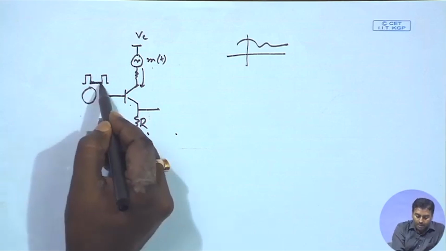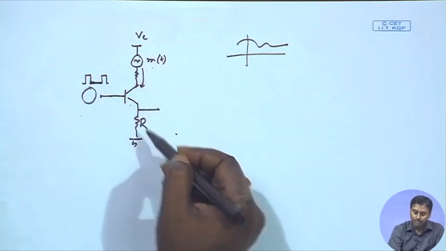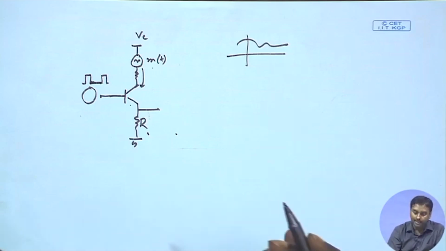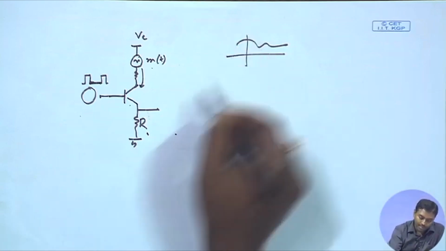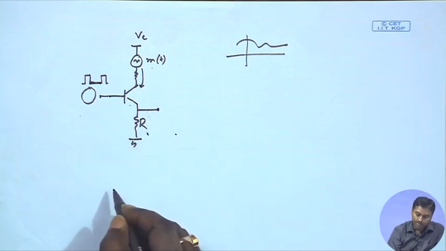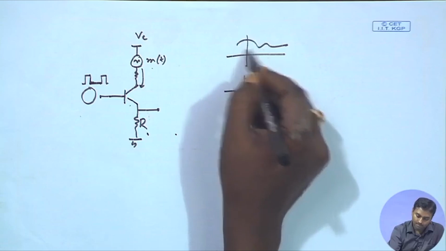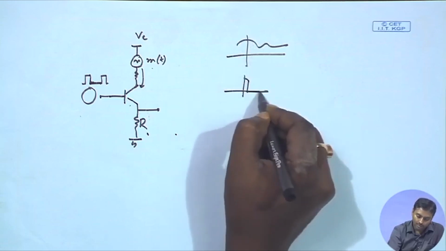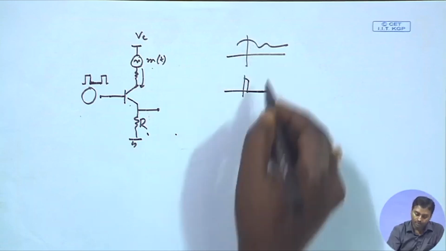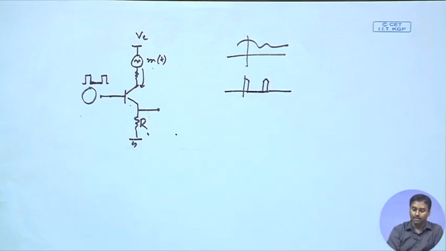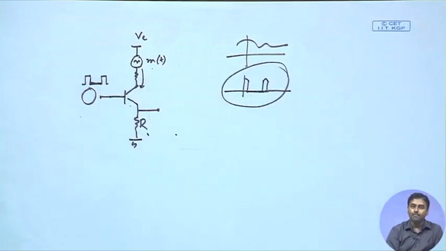But whenever it is off, nothing will flow through it, because the switch will be off and you do not get anything. So, at the output of this resistor, whenever it is on, it will follow the signal, whenever it is off, nothing flows through it, and again whenever it is on, it will follow the signal and nothing else. So, that is natural sampling.